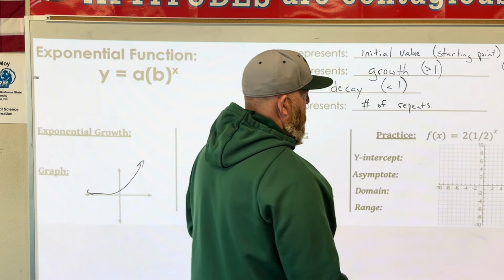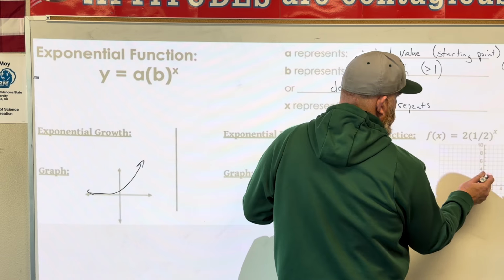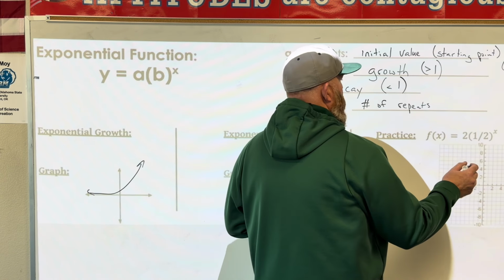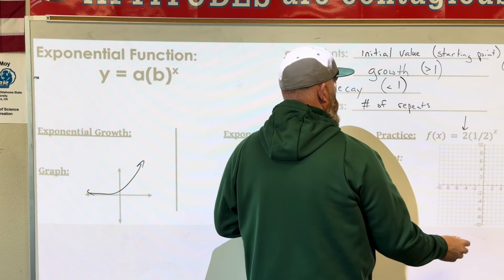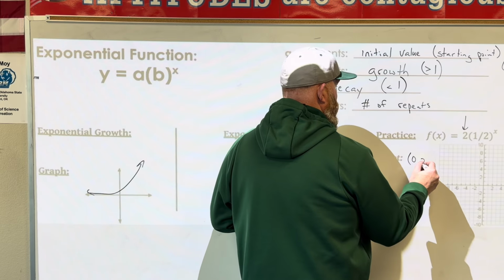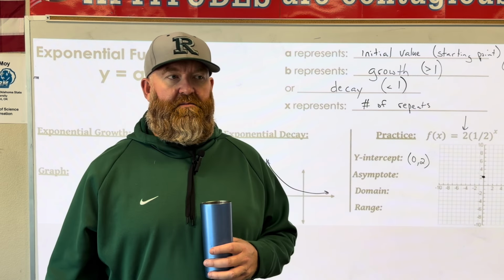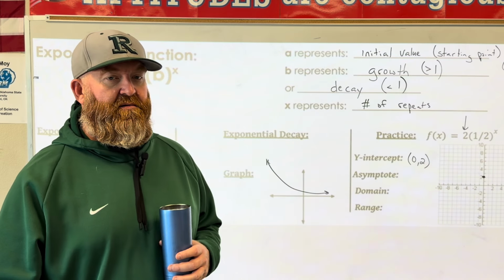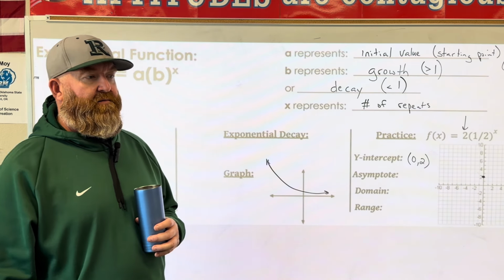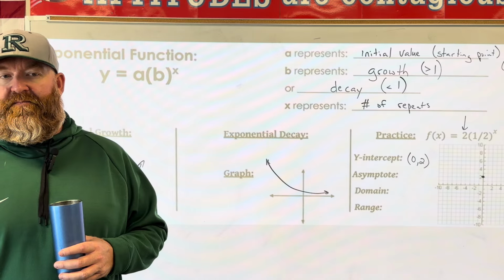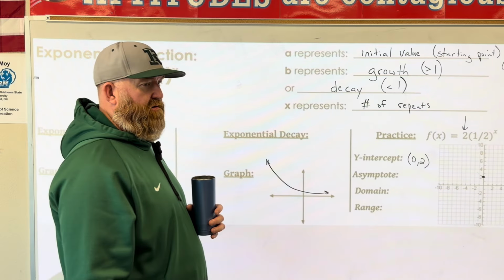Okay. It should look like this. First of all, what's my y-intercept? What's the first number? My y-intercept, if I did this correctly, should be on 2. Is that where it is?